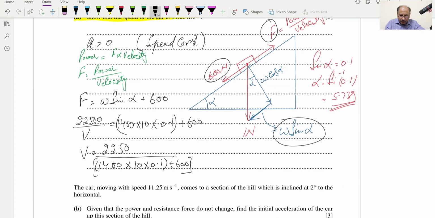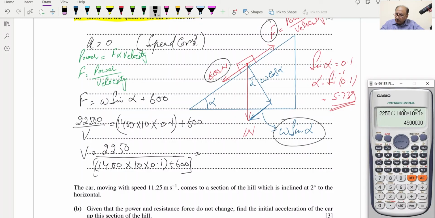So we write 22,500 over 1400 into 10 into 0.1, in brackets, plus 600, and this is equal to 11.25.